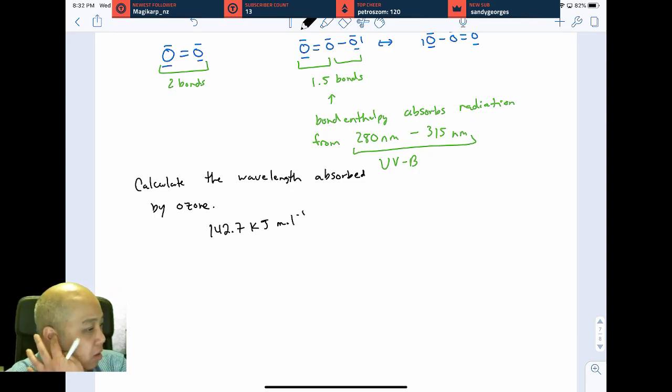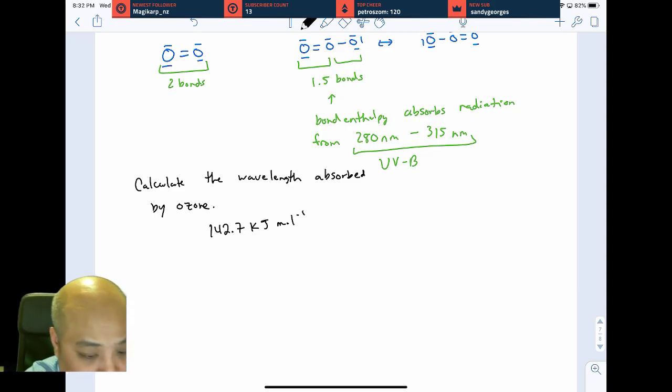Nope, it says enthalpy of formation is 142.7. Wait, no, that's enthalpy of formation. Hold on a second, that's not right, because that didn't make sense, since it should be between an O single bond and an O double bond.